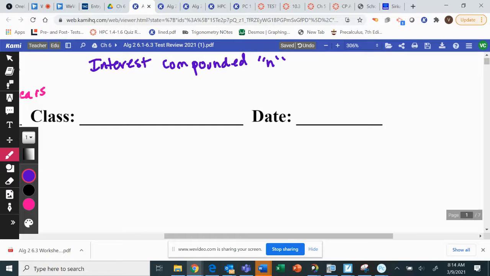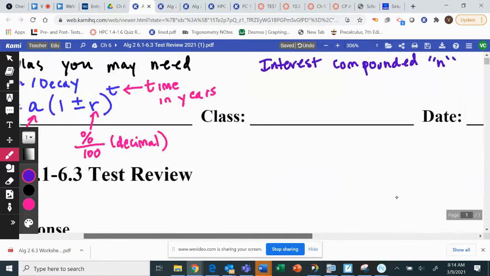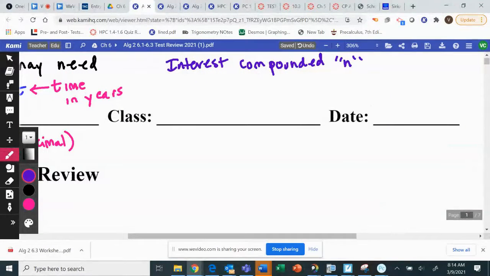That's the one that's compounded monthly or compounded daily or compounded biweekly. So that one looks a lot like the growth and decay, only using some different letters. They do A, capital A, equals capital P times (1 plus r over n) to the t times n, and it's always plus because interest adds money.